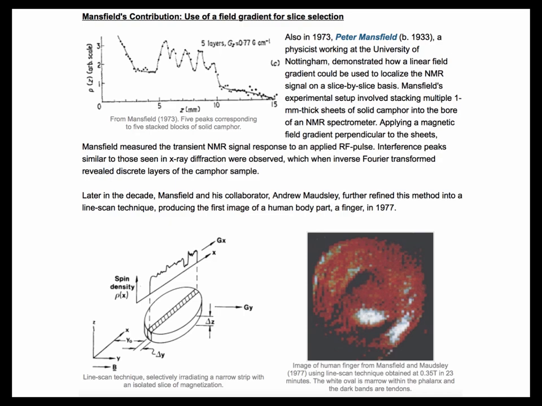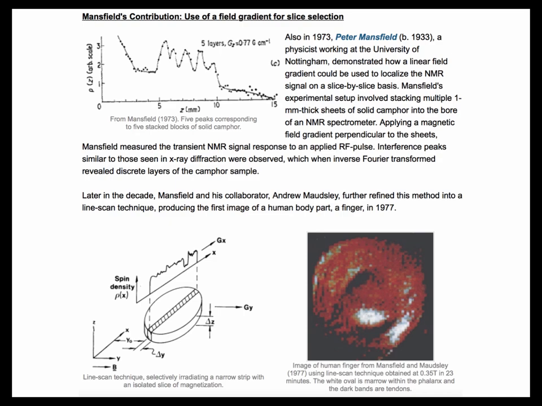Basically protons precess at frequencies proportional to the magnetic field. And it turns out that if you apply a gradient across these resonating protons, or any other NMR-sensitive atom, they precess at different frequencies. And if you just look at the spectrum, it's a mixture of frequencies.